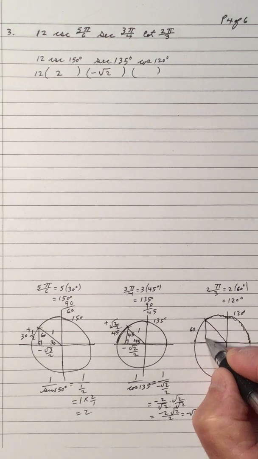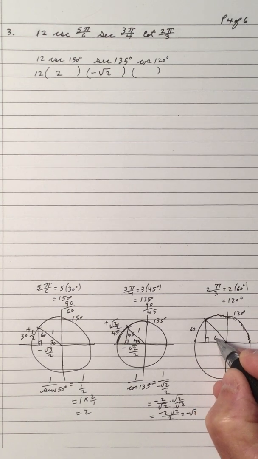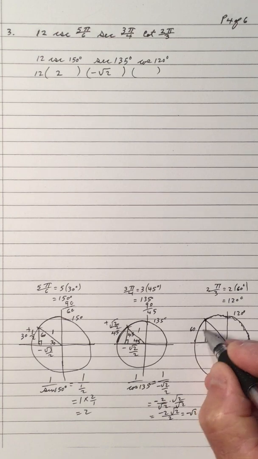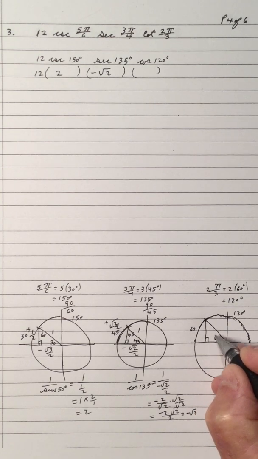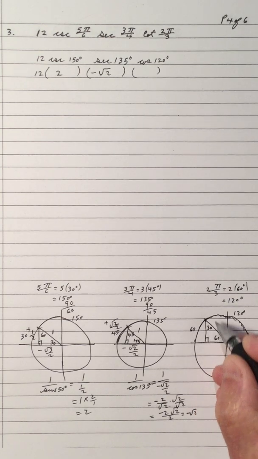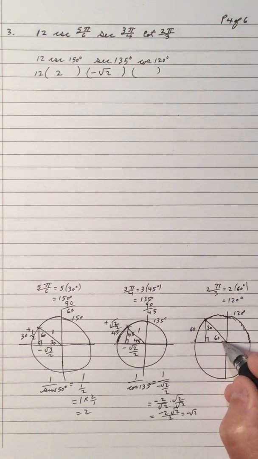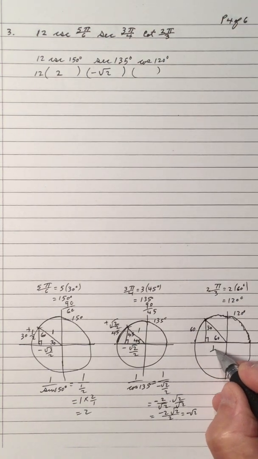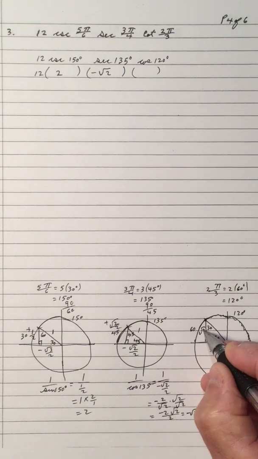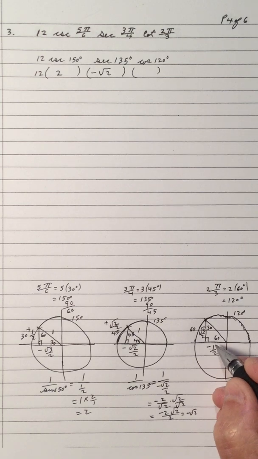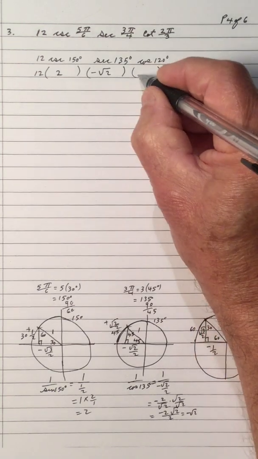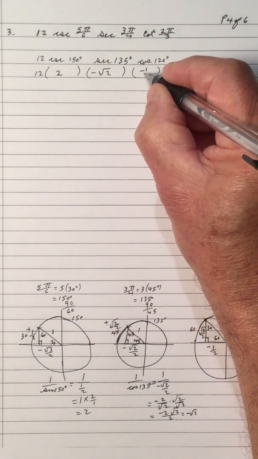The terminal arm goes out perpendicular to the x-axis. So the arc is 60, so the central angle is 60, so the reference angle is 60. This angle is 30. And check, pi over 3 is 60. Perfect. Opposite 30 is a half. Opposite 60 is root 3 over 2. The y is positive and the x is negative. And cos is the x, which is negative a half.